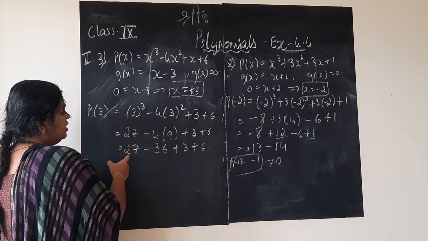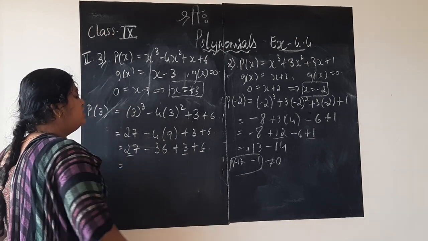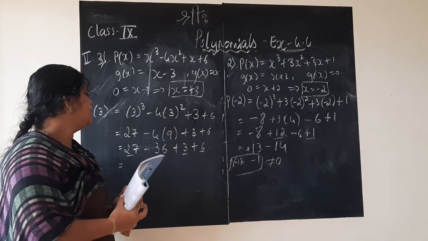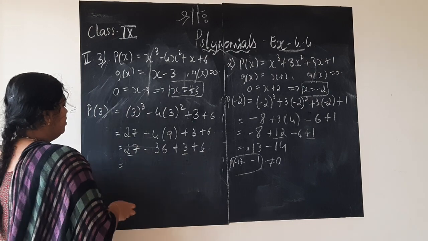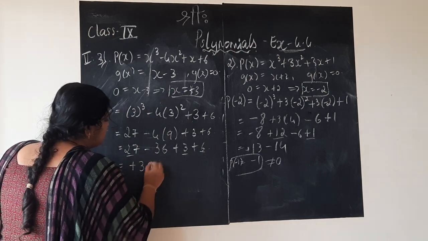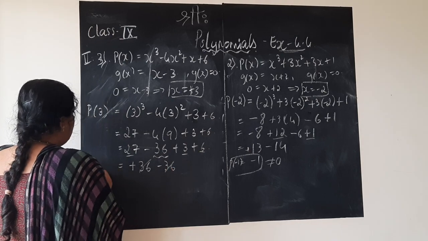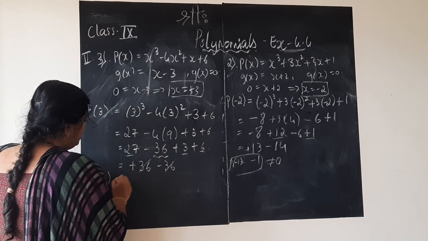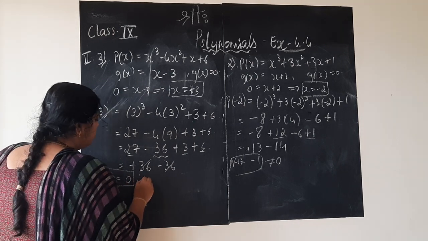Now what I do is, I will group all the terms with plus sign. 6 plus 3, 9. How much is 27 plus 9? Do we get 36? Yes, we are getting plus 36 and the remaining term minus 36 as it is, plus 36 minus 36 cancel. Hence we get 0, which shows P of 3 is 0.